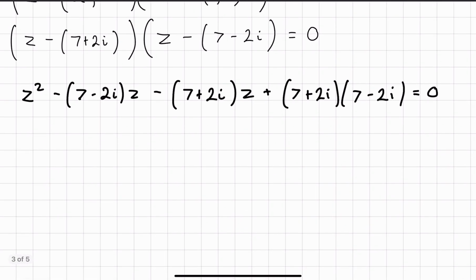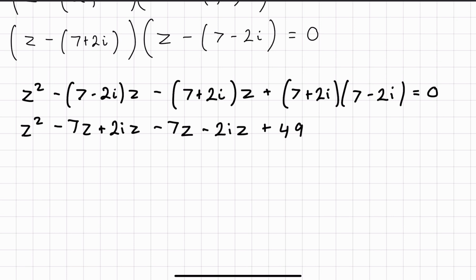Okay, so we need to clean this up quite a lot. So we're going to get z squared minus 7z plus 2iz minus 7z minus 2iz plus 49. They're going to cancel out, and then you're going to be left with minus 4i squared equals 0. Okay, they cancel out here, and I think that's all I can see.